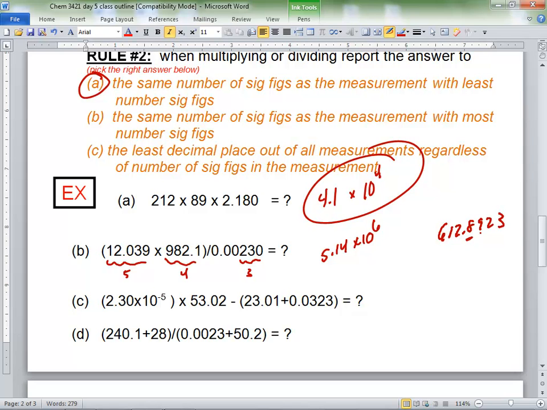So I underline it so I can keep track. I have 4 sig figs, but I can't do any rounding till the very end. So I'll put my answer on top of this one or somewhere by it, and just underline the last sig fig. So then when I finish this, I can keep track of everything.